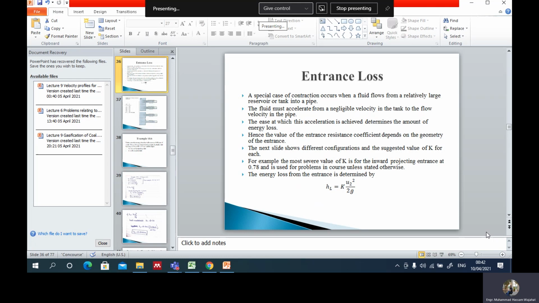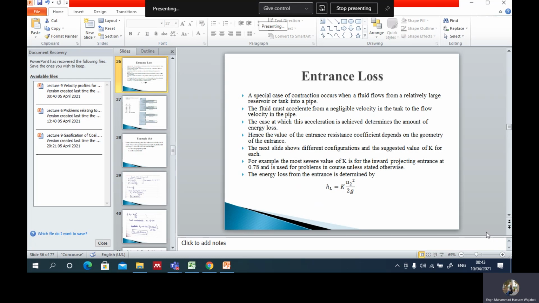The last and final case was the entrance loss. So as I told you about the enlargement case and the contraction case, यानी enlargement case was the opposite of contraction. Similarly, an entrance loss is the opposite of an exit loss. यानी entrance loss होगा ना, वो opposite of the exit loss होगा.